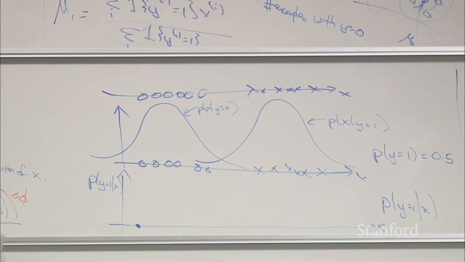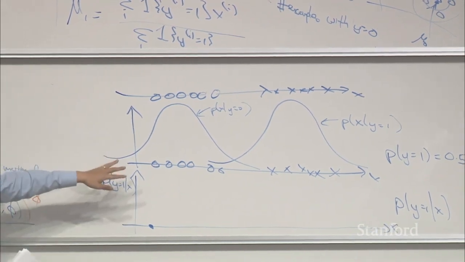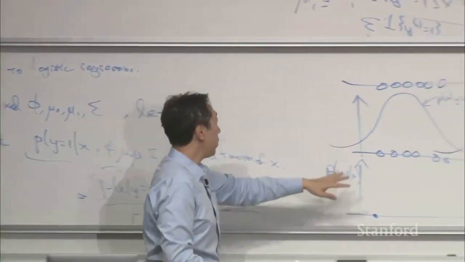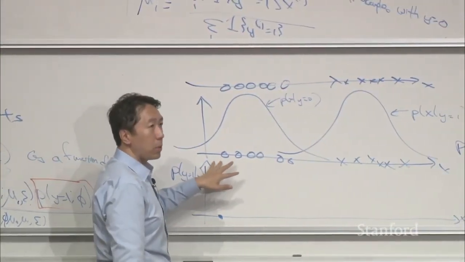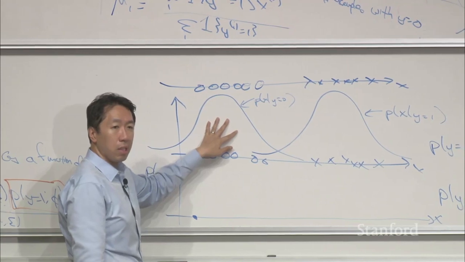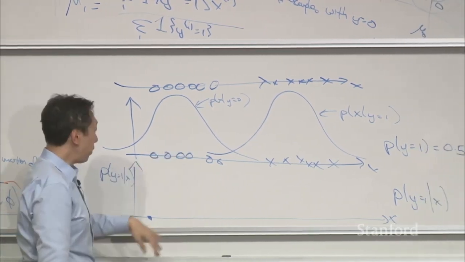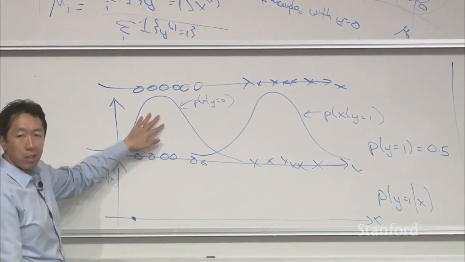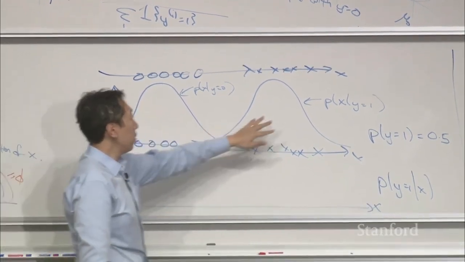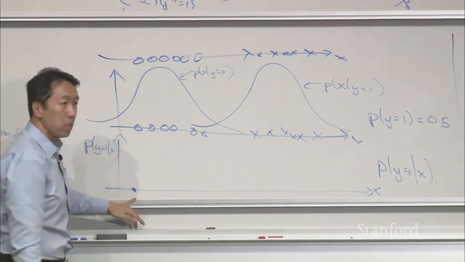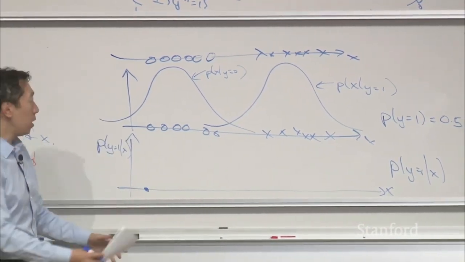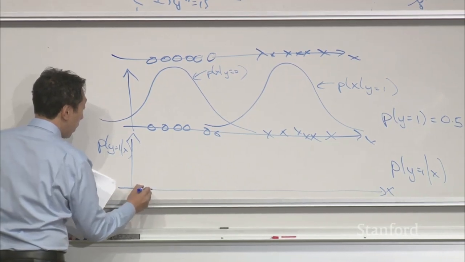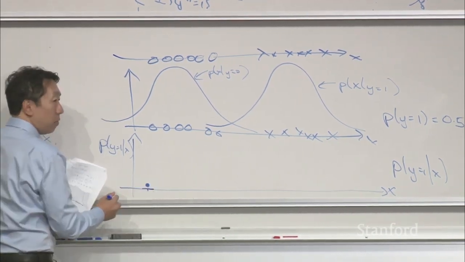With this model, if you calculate this ratio, you find that a point here almost certainly came from this Gaussian on the left. If you have an unlabeled example here, you almost certainly came from the class 0 Gaussian, because the chance of this Gaussian generating an example all the way to the left is almost 0. And so the chance of P of y equals 1 given x is very small. So for a point like that, you end up with a point very close to 0.